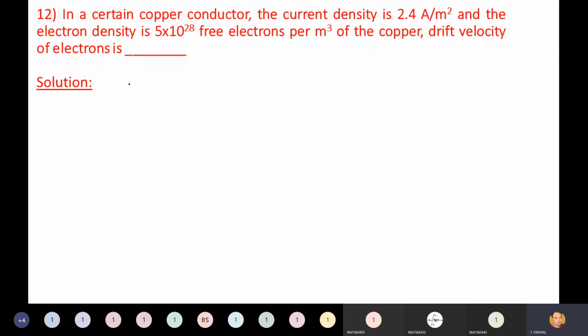Anyone answer? How to do this problem? In a certain copper conductor, the current density is given, right?